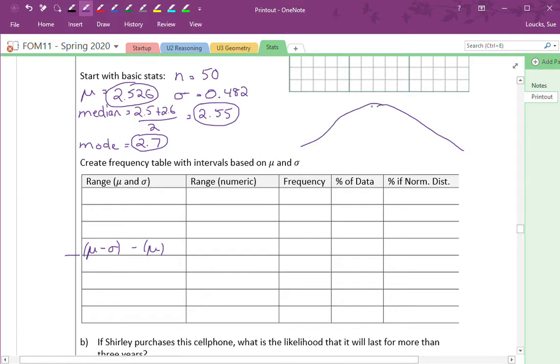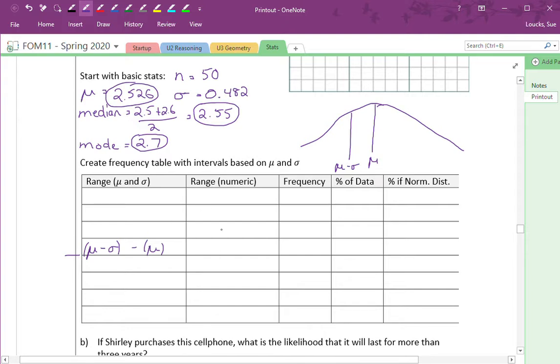Like that. Okay, so this is our mean, and we want our first chunk to be between our mean and our mean minus 1 standard deviation. That's what this is. So from the mean minus 1 standard deviation to the mean.